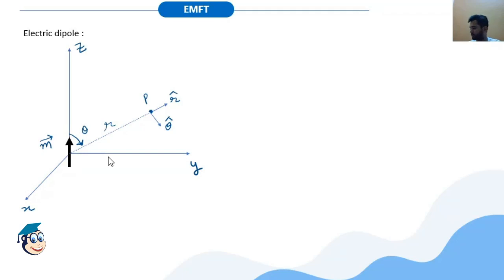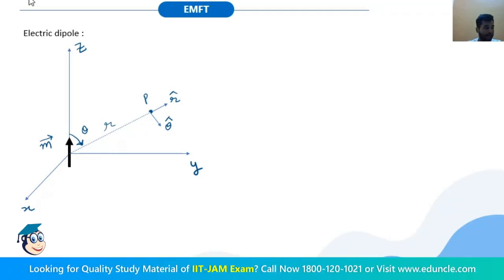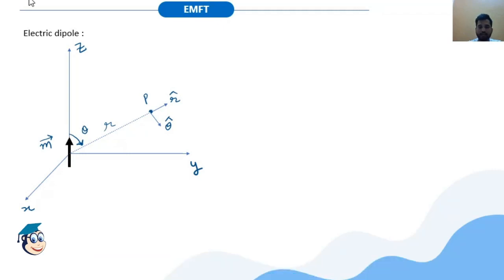So let us solve this problem, or maybe I will directly write the result by analogy with the electric dipole case. If you remember, in the electric dipole case we had the scalar potential equal to 1 over 4 pi epsilon naught, P dot r cap over r square.